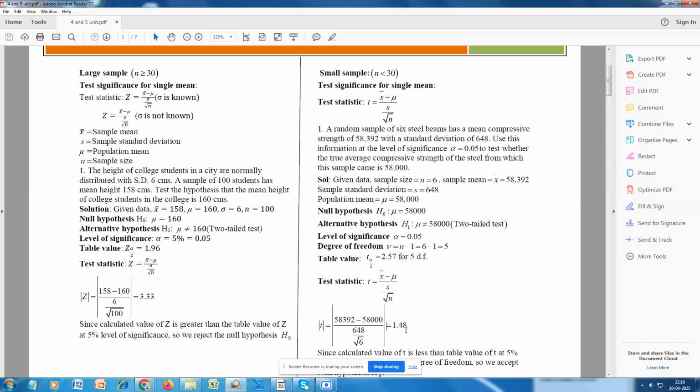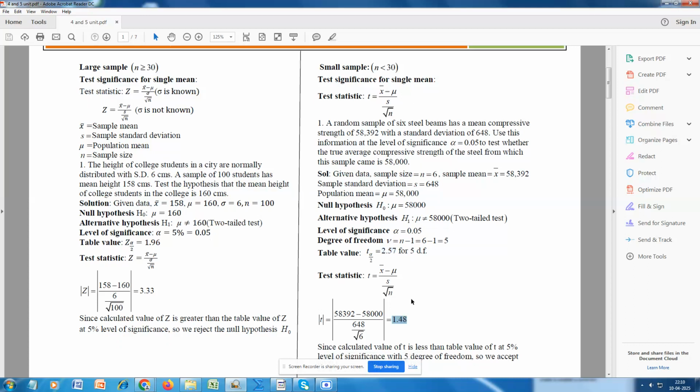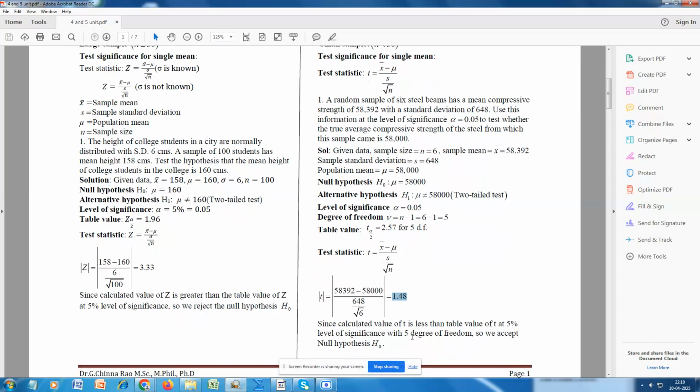We observe that 1.48 is less than the table value. According to the definition, when the calculated value is less than the table value, we accept; otherwise, we reject the null hypothesis. So here the calculated value is less than the table value, so we accept the null hypothesis H naught.